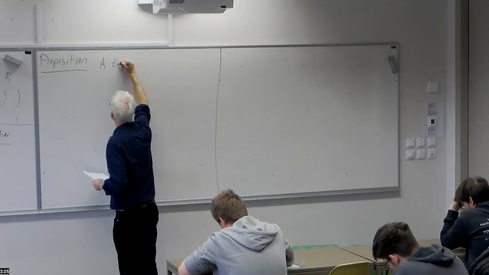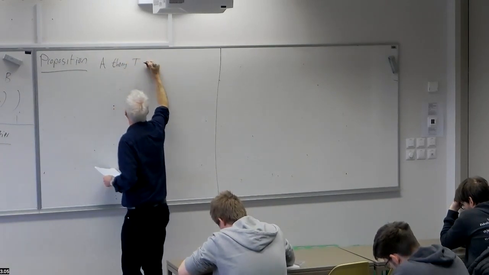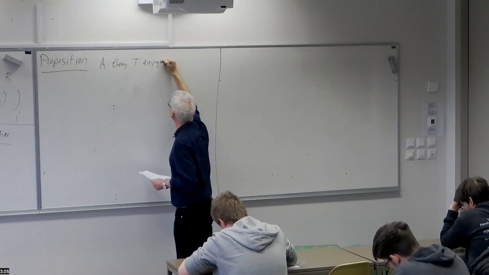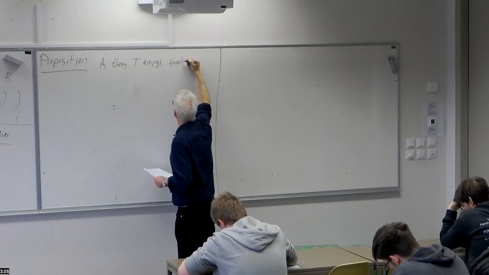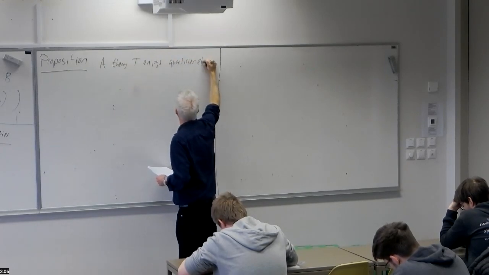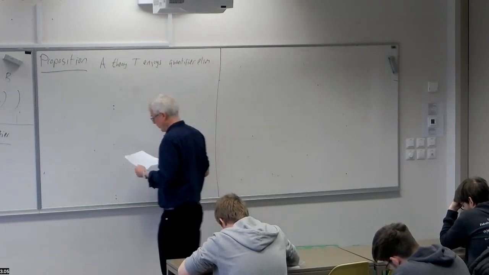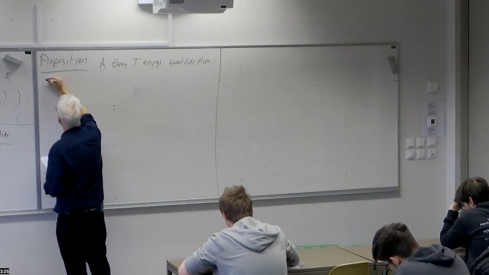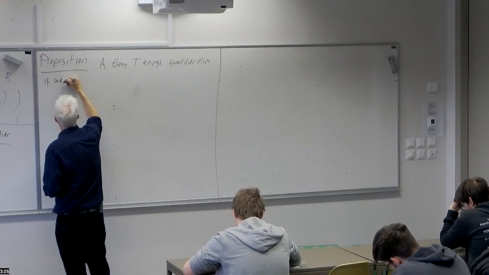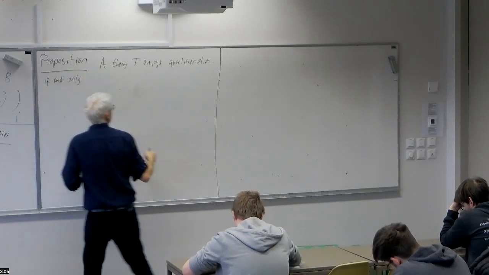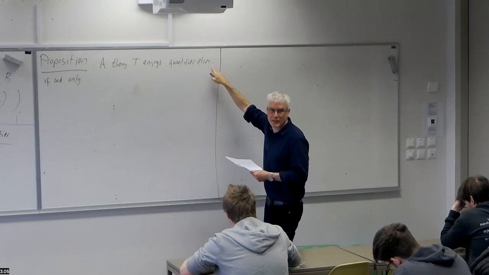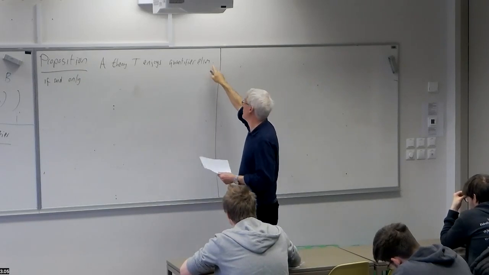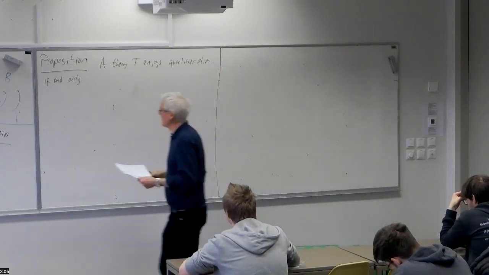A theory T enjoys quantifier elim. if and only if quantifiers are eliminable from formulas of the form, and actually one could consider very simple formulas. The dot is just to say I'm abbreviating the word elimination, it's not an end of sentence.